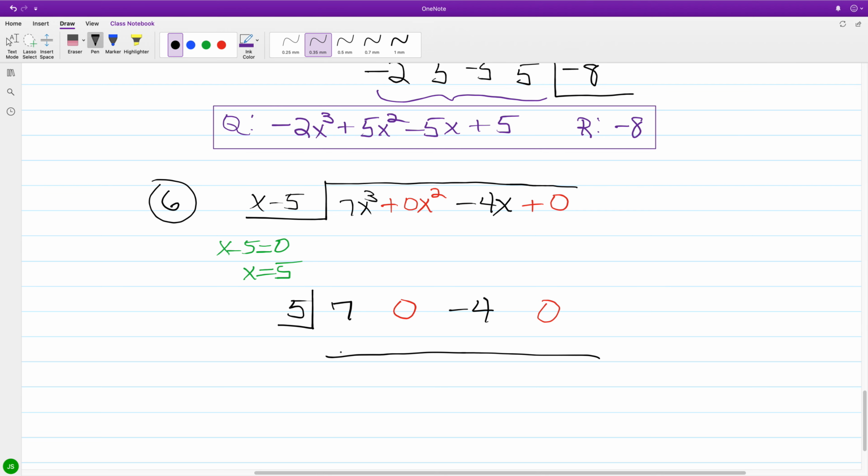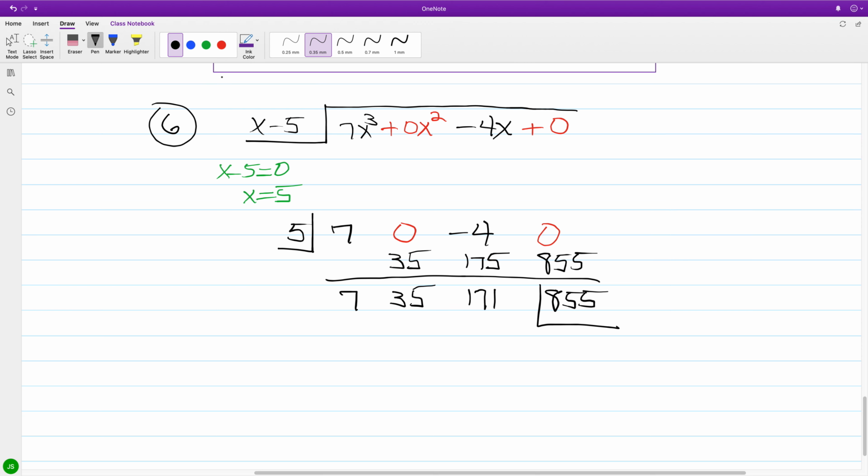So bringing down 7, 5 times 7 is 35, 0 plus 35 is 35, 5 times 35 is 175, and negative 4 plus 175 is 171, 5 times 171 is 855, and we have the remainder at 855.